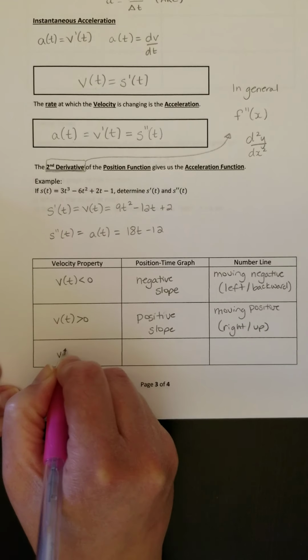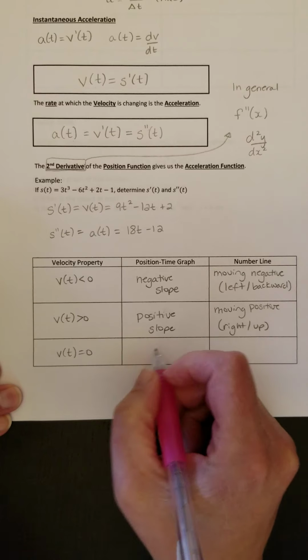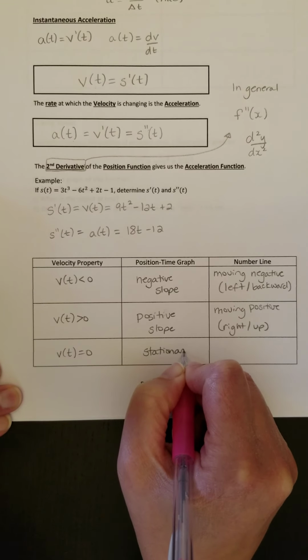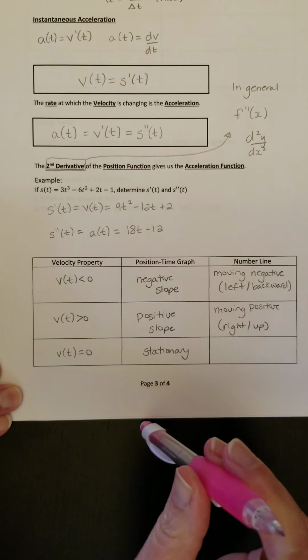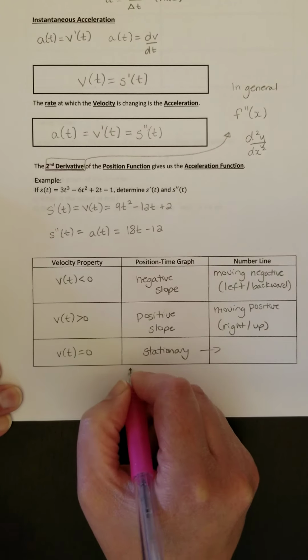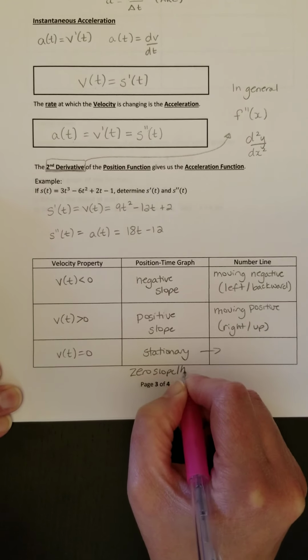And the third possibility for velocity is if it was equal to 0, that would mean that it was stationary. So this would be a 0 slope or horizontal.